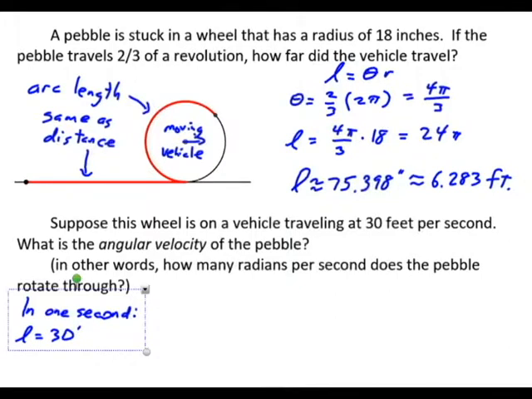As we saw, this is an arc length as well as a distance. The distance corresponds to the arc length. The radius is still 18 inches. However, since we're dealing with feet per second, not inches per second, we should convert this to feet. So in 1 second, how many radians did we rotate through?